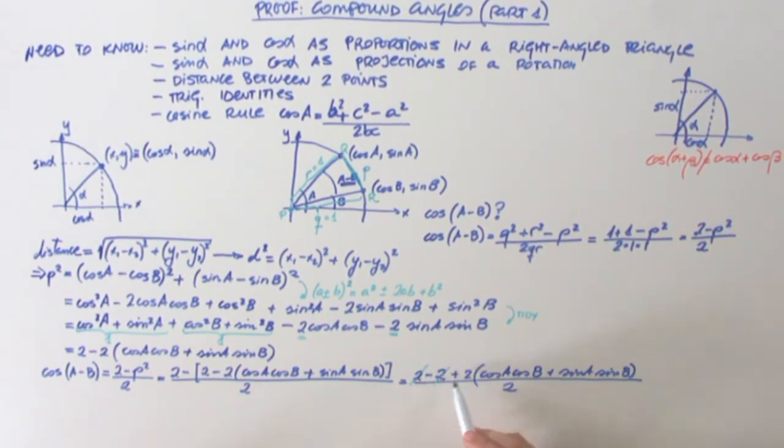And the result gives me the formula of the cosine of A minus B: cosine of A times cosine of B plus sine of A sine of B.